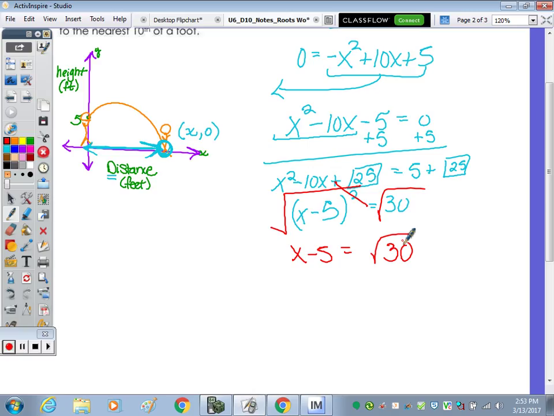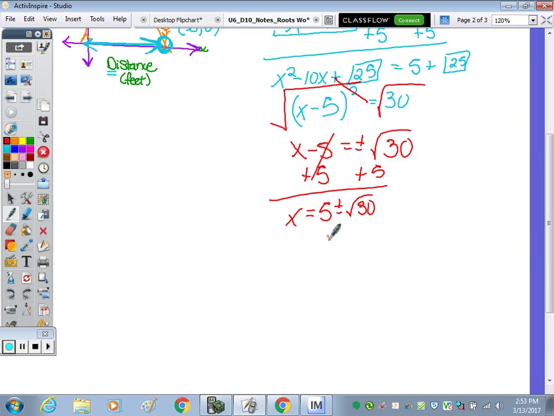Yeah, Gabe? Plus or minus. So I finished by adding the 5 over, and we have x equals 5 plus or minus radical 30. So one solution is 5 plus the square root of 30. The other solution is 5 minus radical 30.